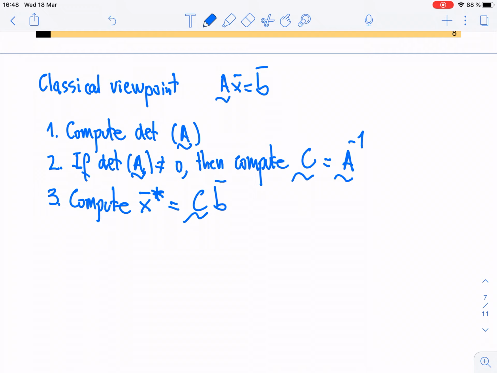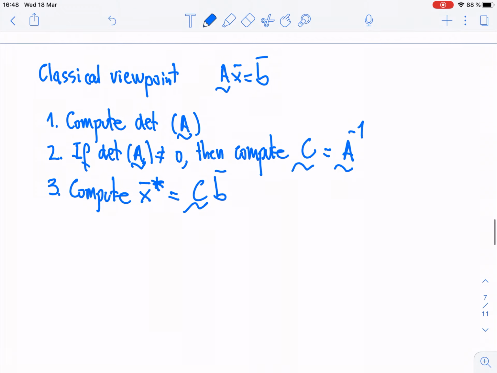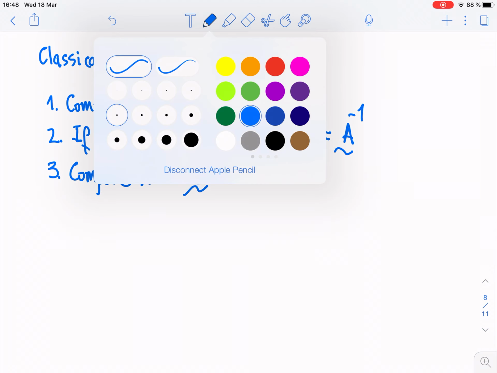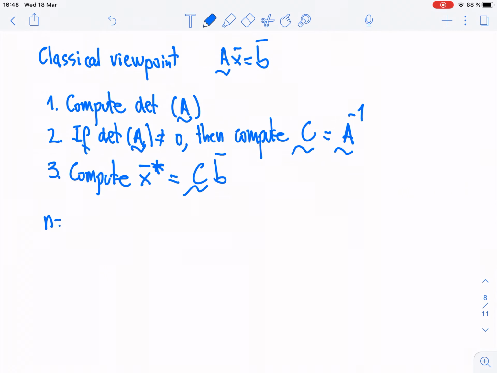Okay. Well, this is an inefficient way of solving the problem. To illustrate this, two arguments. First, we would not even use this idea for n equal 1. Indeed, for solving AX equal B, we would first check if A is different from 0, and then compute the solution X as B over A. So that's one division.